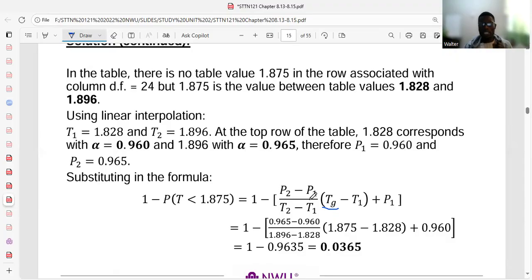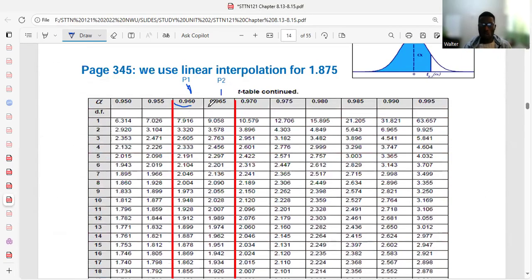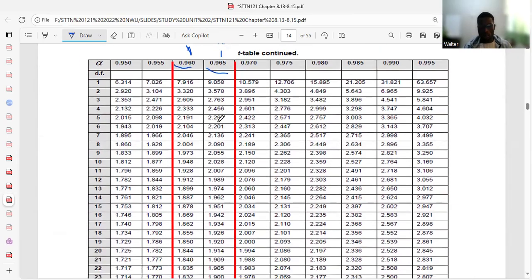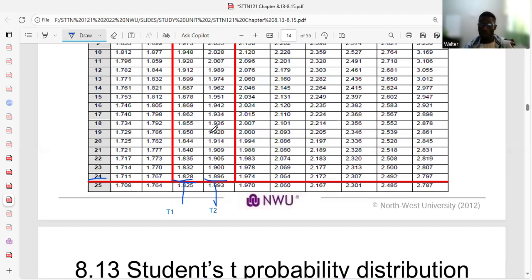This is the TG, guys. 1.875 is the TG. So where you see the TG, you put this value of the test statistic. Then you substitute it into the formula. I showed you how they got P1 here and P2 here.